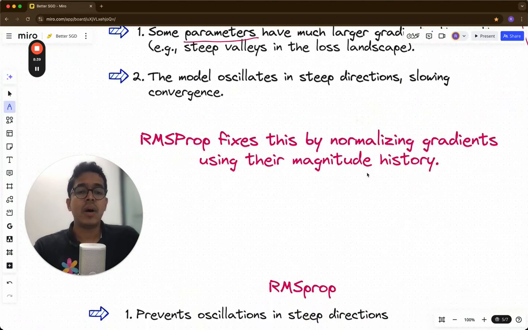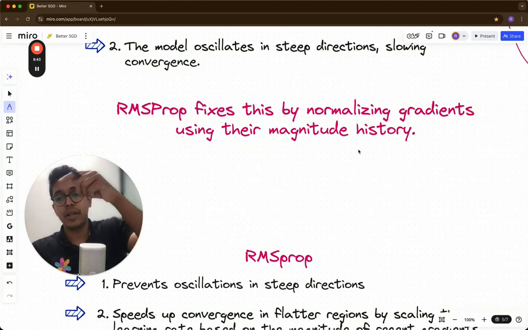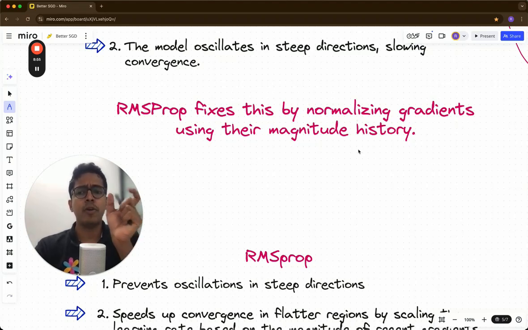But we'll see how RMSprop can fix this by normalizing the gradient using its magnitude history, meaning if in the previous time step the gradient was very big, even if in the current time step the gradient becomes too small, we will see how RMSprop can fix the value by which the parameter is updated by having an adaptive learning rate.